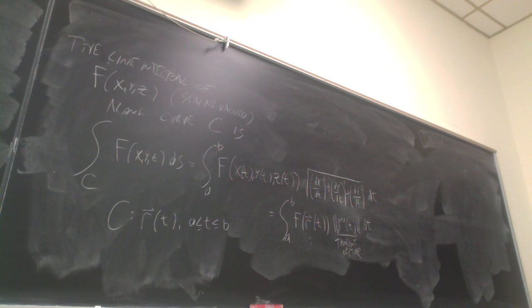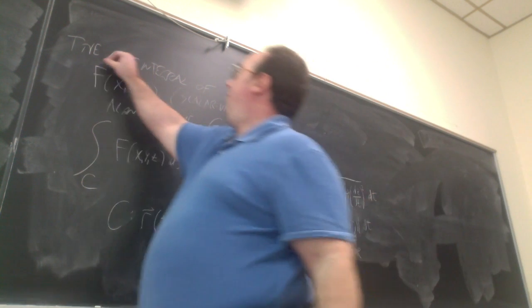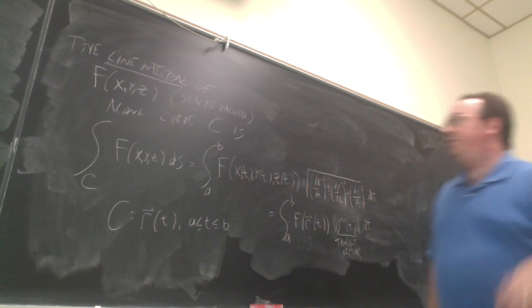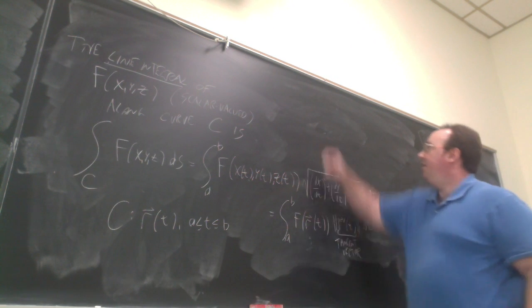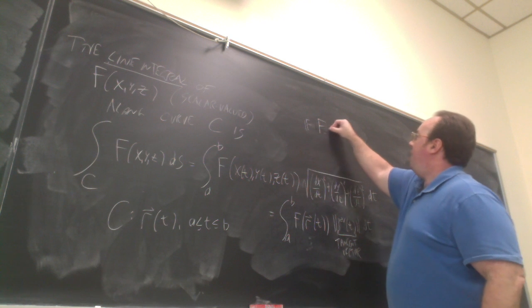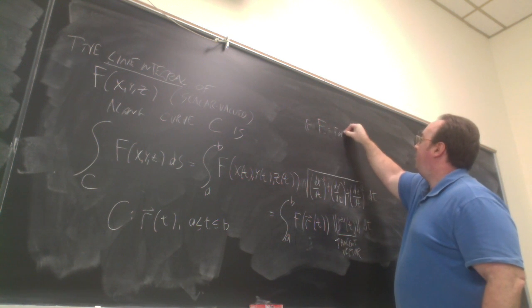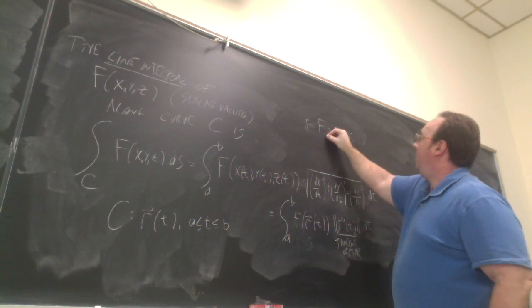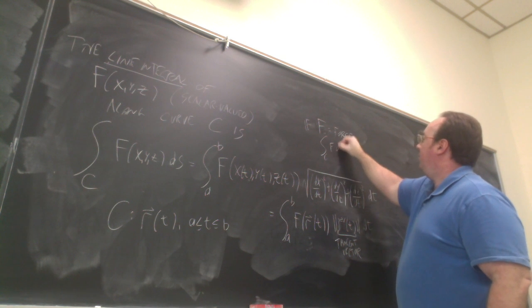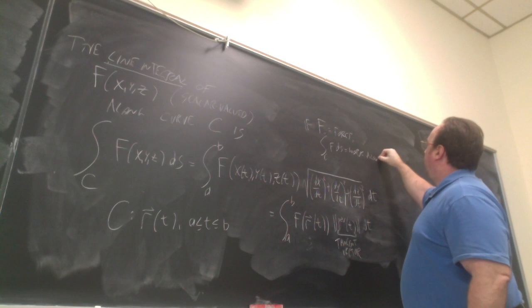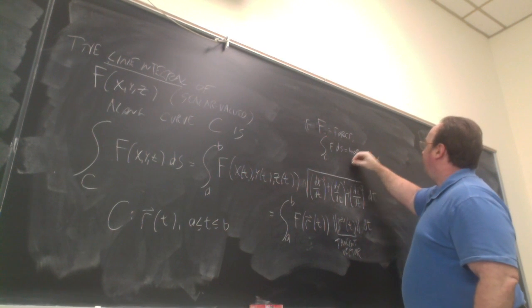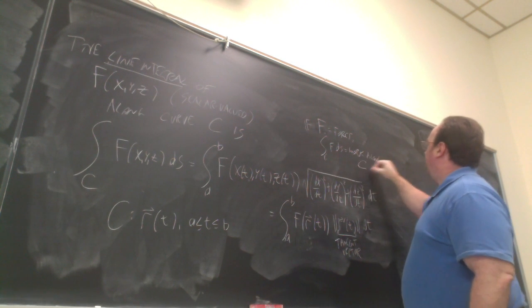Okay. So that's what a line integral of a scalar valued function is. And if your function f indicates force, then the line integral of f along the curve is the work done in moving the object along the curve C. Okay.